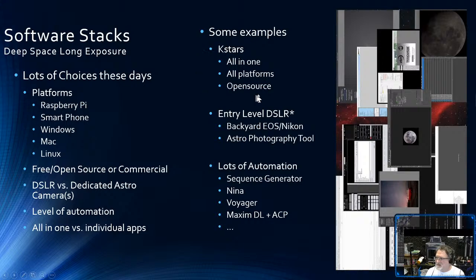It's an all-in-one, runs on all platforms, open source, and runs on a Raspberry Pi. You can even buy it as an appliance that runs from your smartphone, right? ASIAIR or Stellarmate would be examples of Raspberry Pis that come with KStars pre-installed.